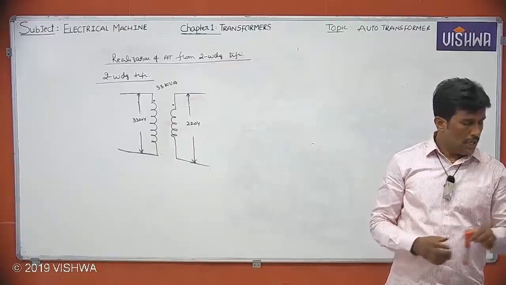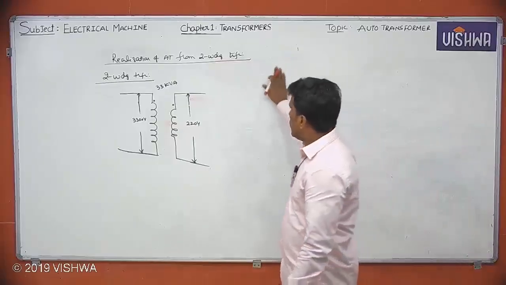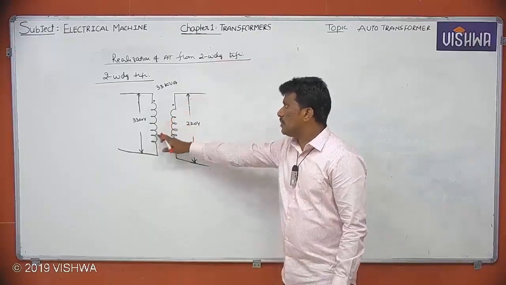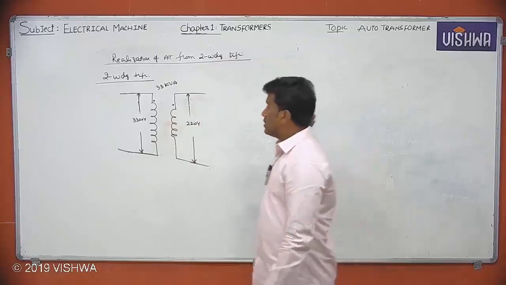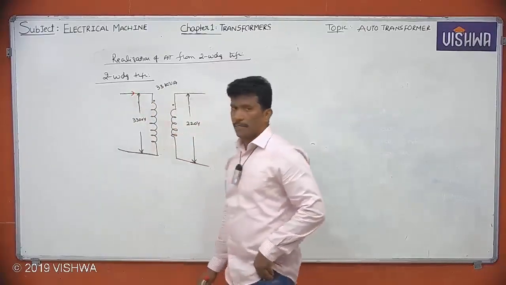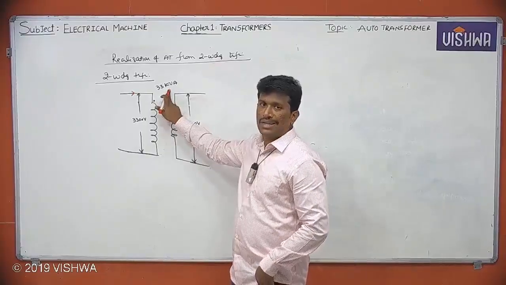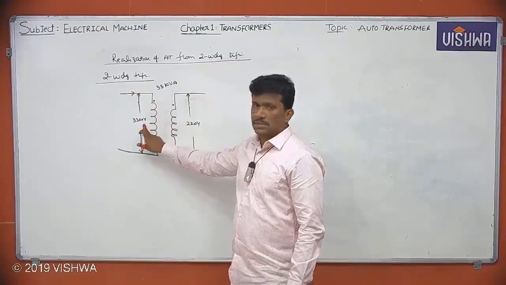In the meanwhile, you have to remember one thing here. Before realizing this two-winding transformer as an auto transformer, tell me what is the current flowing through the 3300 volts winding. Very simple: 33 kVA, so 33 into 10 cube by 3300.